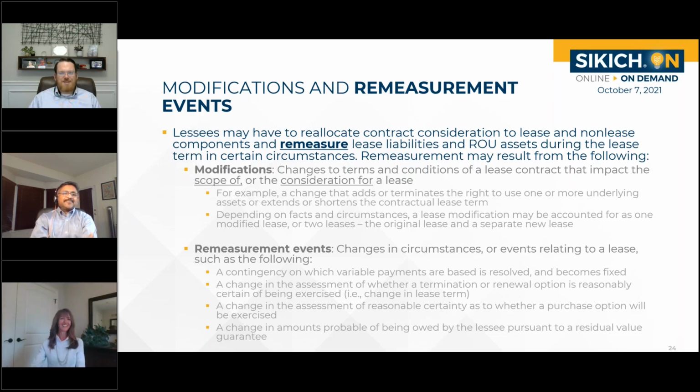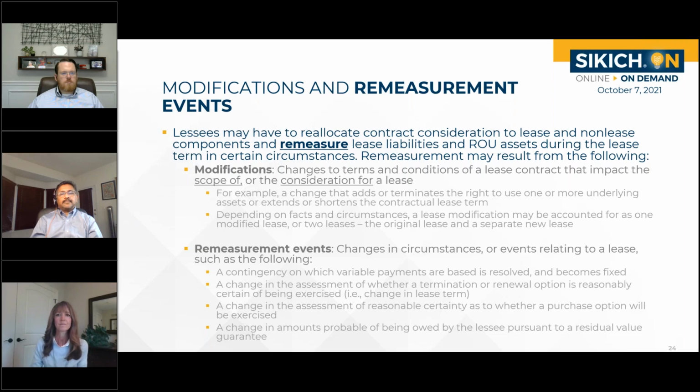Okay. So now we'll talk about, after initial measurement of your lease liability, there could be changes in the future. There could be contractual changes to the terms of a lease agreement. And if those contractual changes were to alter the scope of or consideration for a lease, they are called modifications. Separate from that, there may be changes in assumptions or circumstances related to a lease.